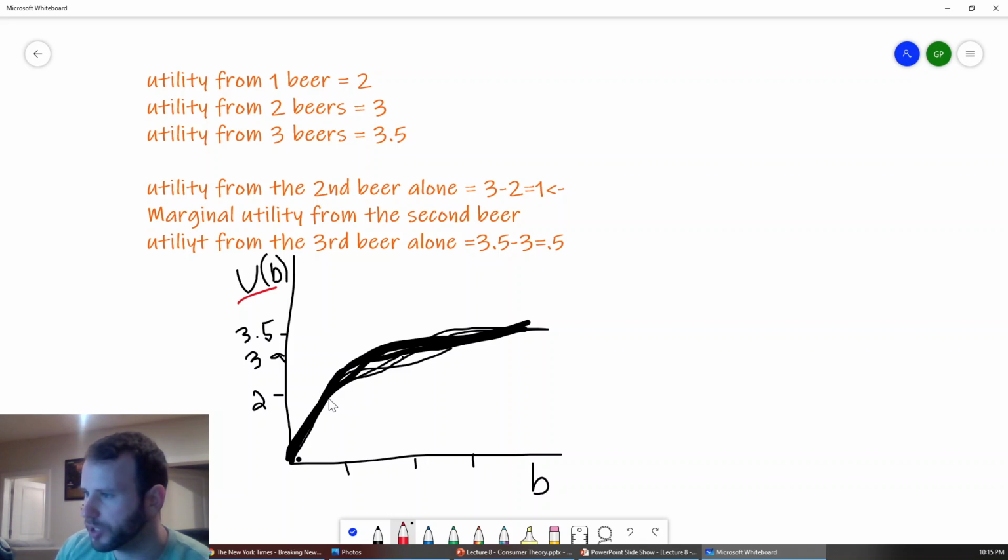The marginal utility going from the first beer to the second beer is going to be 1, right? The marginal utility going from the second beer to the third beer is going to be 0.5, and the marginal utility going from no beers to 1 beer is going to be 2, right?